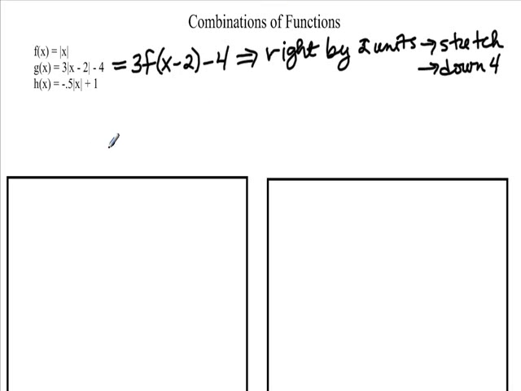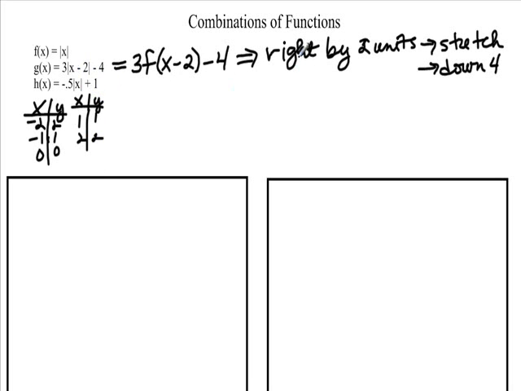So to think about what's going on, we start with the absolute value function, which consists of ordered pairs like (-2, 2), (-1, 1), (0, 0), (1, 1), and (2, 2). We're just taking the absolute value of that x value to get our output.